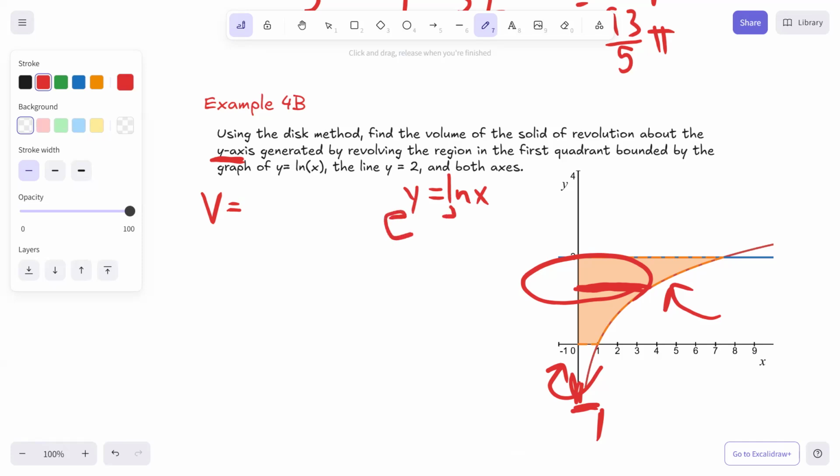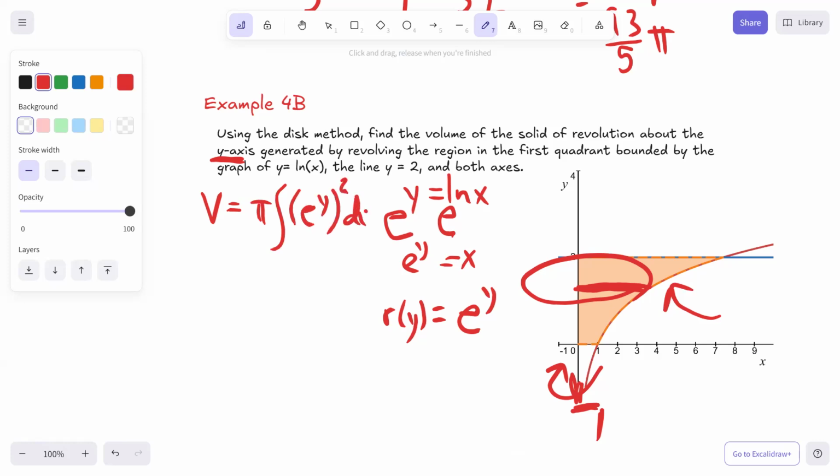So if we exponentiate both sides, we get x equals e to the y. So the radius function in terms of y is going to be e to the y. And the volume is pi times the integral of e to the y squared dy.